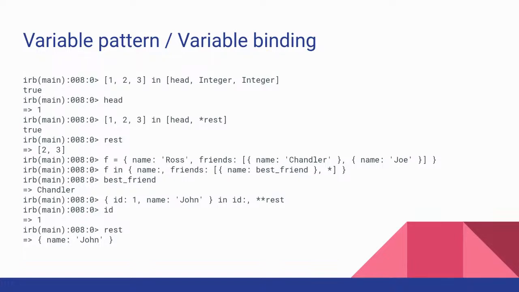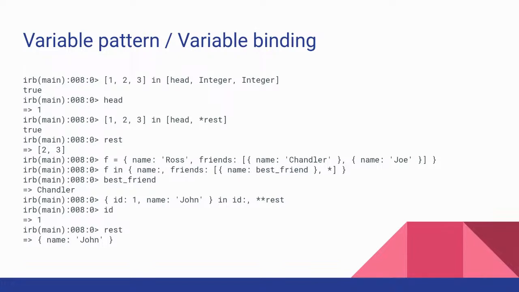It should have a name, and into the friends collection, we're going to get the first item of the array. We're going to get the name of this node, and extract this name into a best friend local variable. And that's what we're doing.